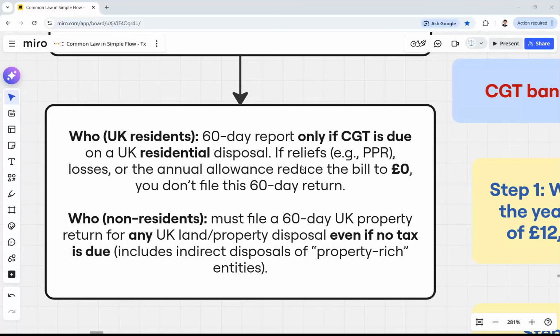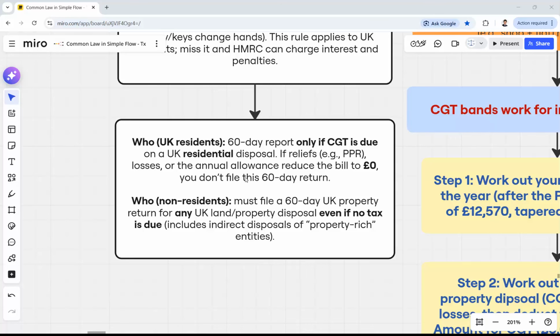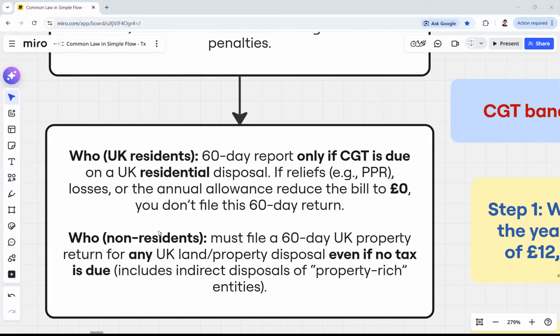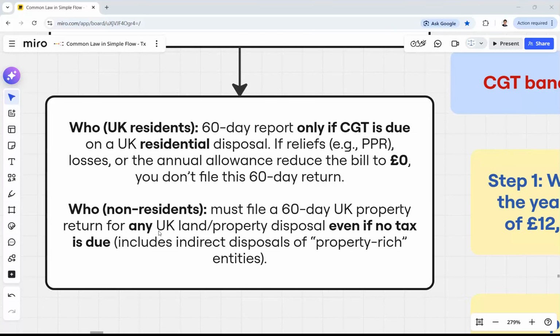So if you have to pay nothing, your bill is 0, you will not have to do this 60-day return. This is designed for normal people, when they are selling their main houses and the principal private residence relief is applied, then they will not pay any taxes. They will not get penalties and interest on that amount, especially if the amount is 0 itself.